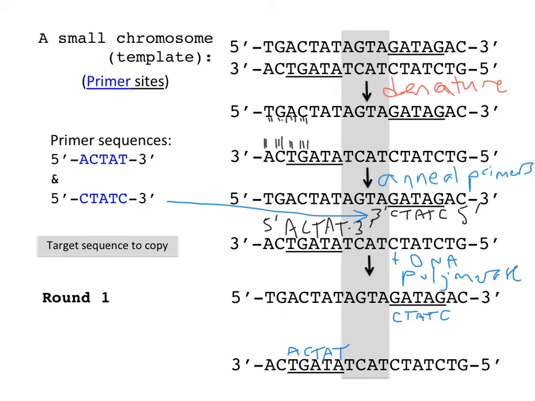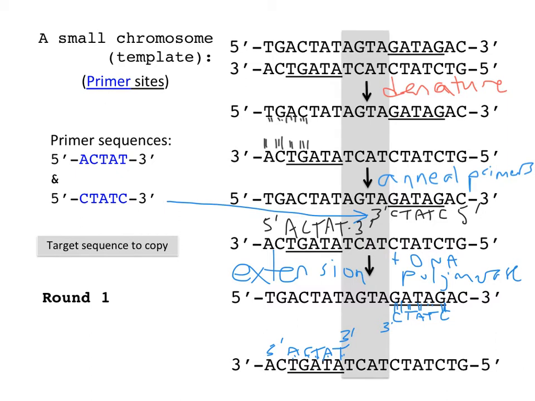This third step is called extension. This is where DNA synthesis happens. We have these DNA primers that are base paired with the original template, and they've got free 3' ends. So there's a 5' end, a 3' end. The 3' ends of the two primers are pointing towards each other, going in towards the middle.